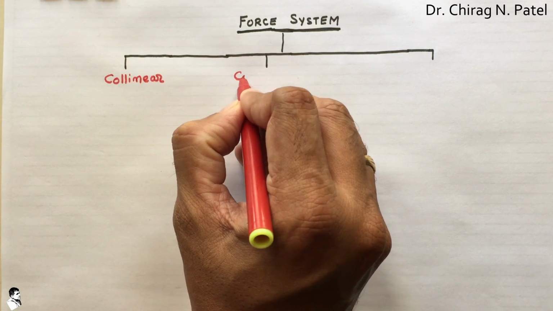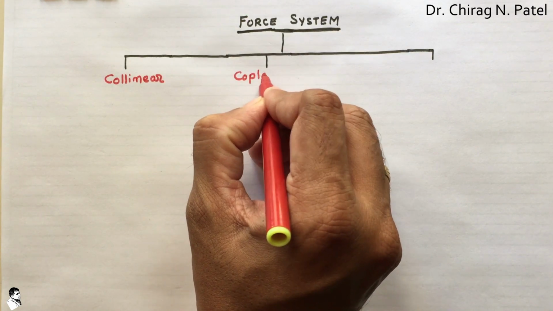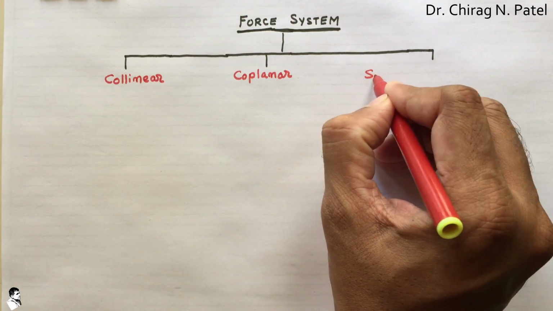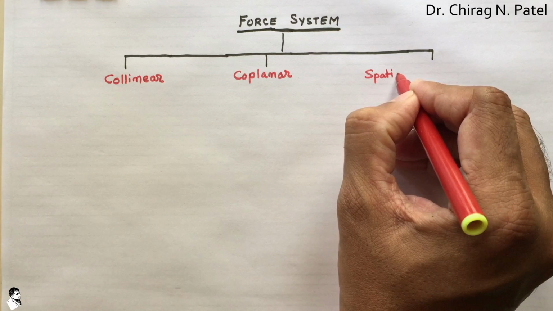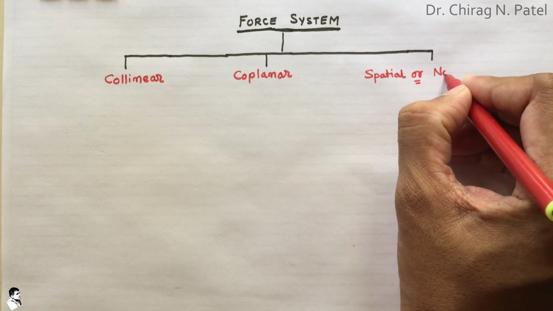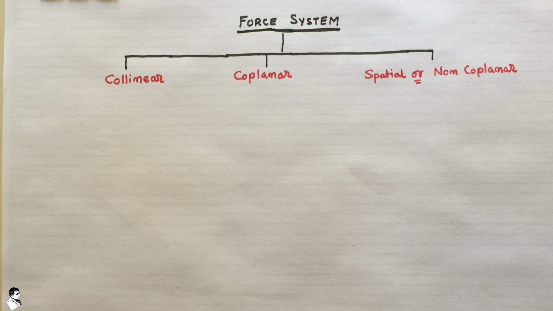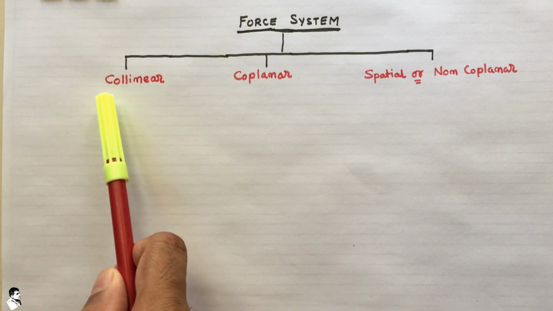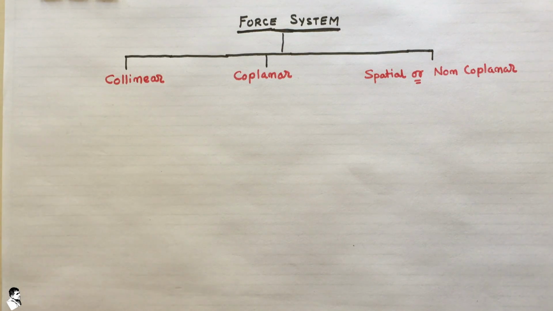Second is coplanar, and the third one is spatial or non-coplanar. Now in these three systems, if we take a collinear system, co means the same and linear means along the line. So the forces acting along a line are known as collinear forces.